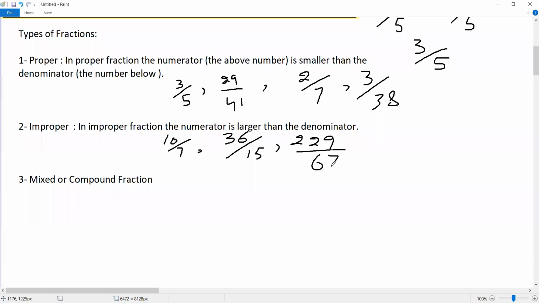All these fractions that I have written here are called improper fractions. So improper fractions are those where above number, that is numerator, is larger than the denominator. Denominator is the below number. I hope everyone is clear. If you have any question, then you can send your question in the chat.